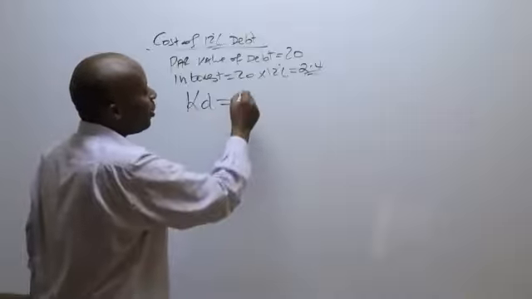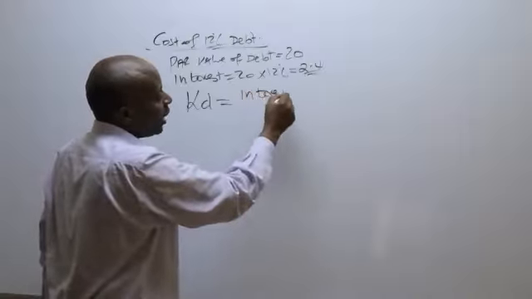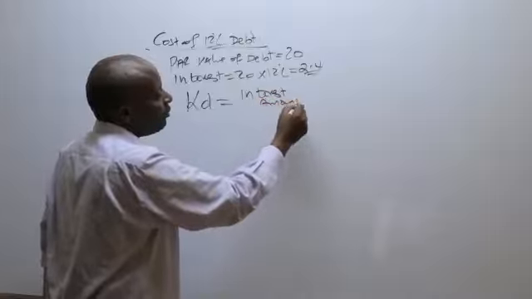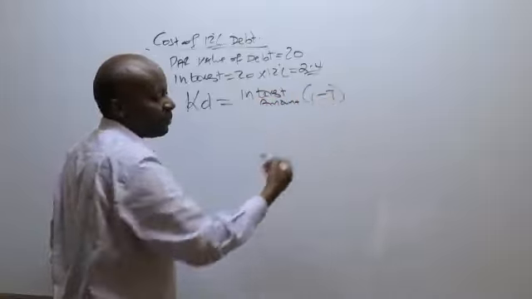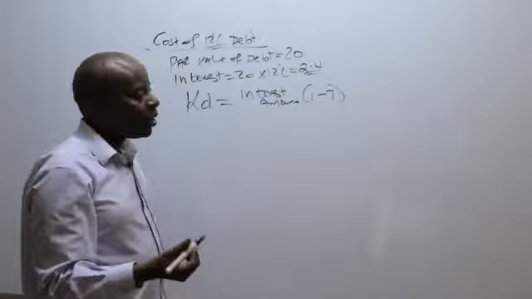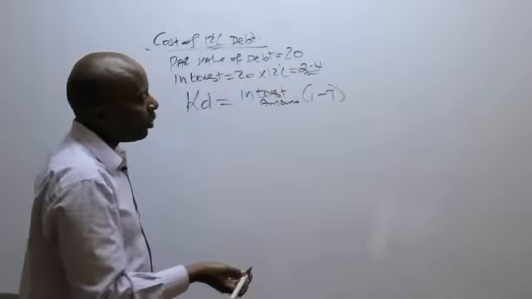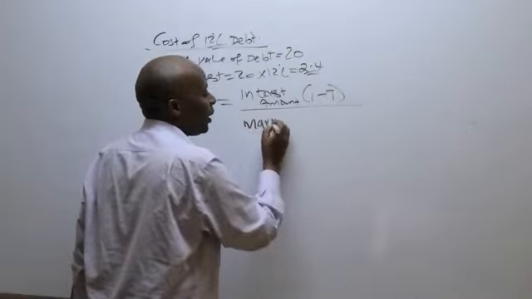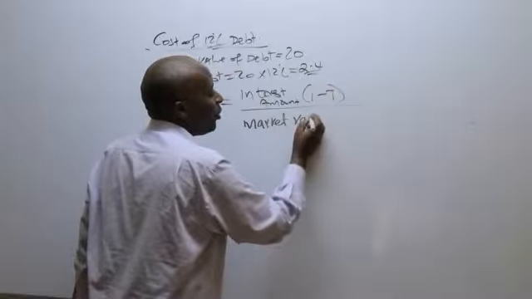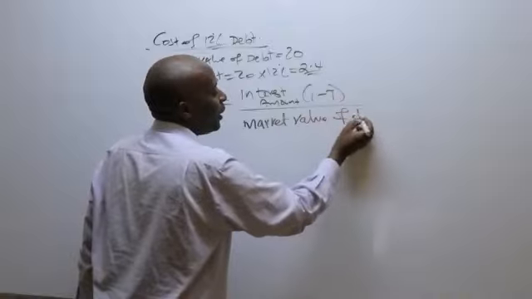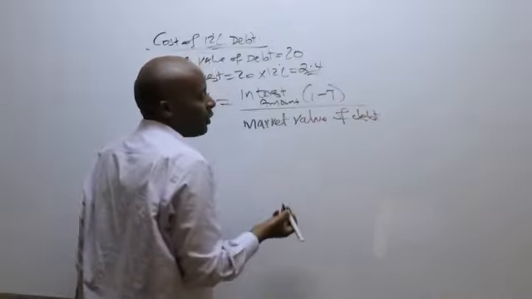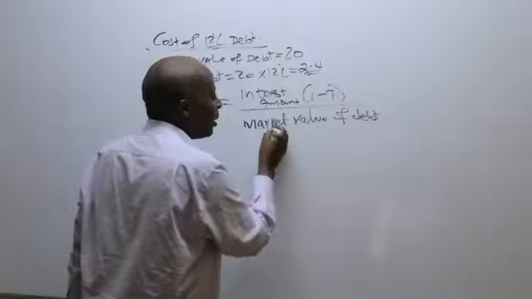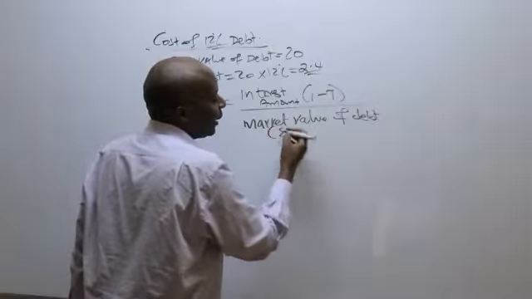KD should be equal to the interest amount that I have, into 1 minus tax, because remember, interest, unlike dividends, is normally tax allowable, all over the market value of the debt instrument. Again, remember that this market value must be like the ex-div.